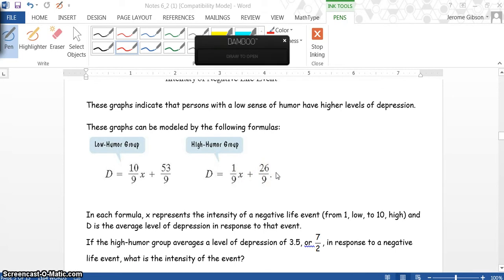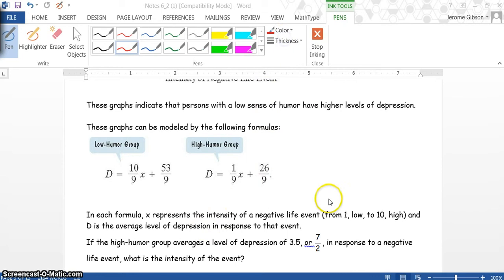In each formula, x represents the intensity of a negative life event, from 1, which is low, to 10, which is high. And D is the average level of depression in response to that event. If the high humor group averages a level of depression of 3.5 or 7/2 in response to a negative life event, what is the intensity of the event?